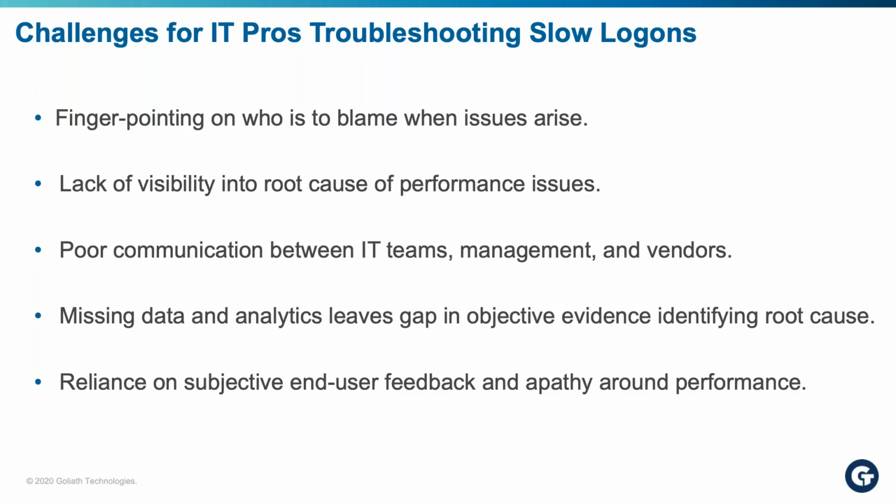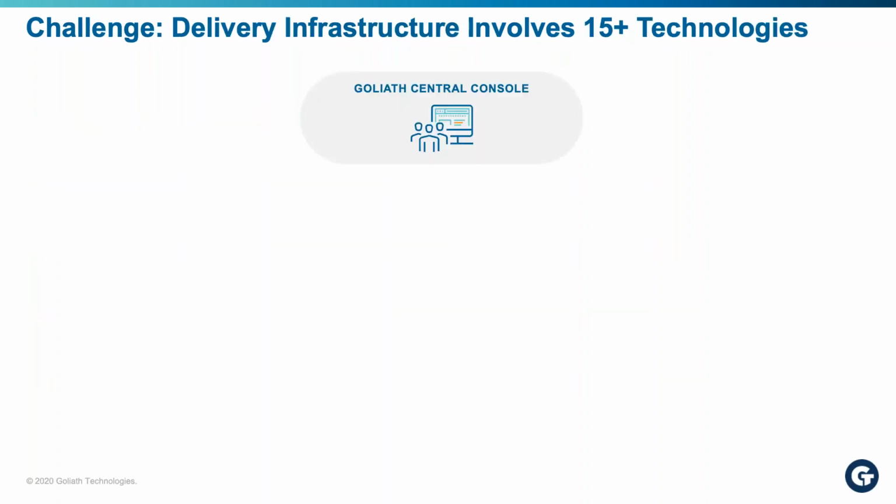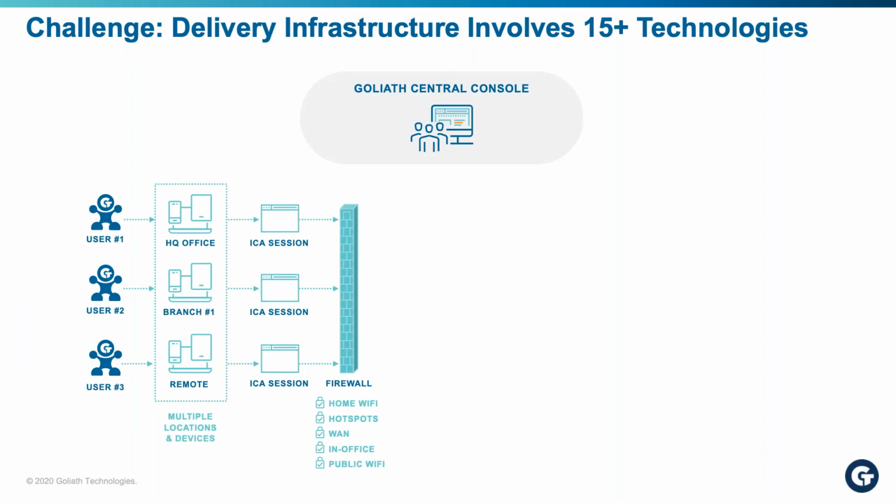Now, the reason these challenges exist is that there's a lot of complexity. You, as a Citrix or VMware Horizon expert, might understand the complexity, but when you're talking to management or your business counterparts, they don't understand that in order to deliver that user experience, there are over 15 technologies that need to come together in concert to deliver that seamless experience.